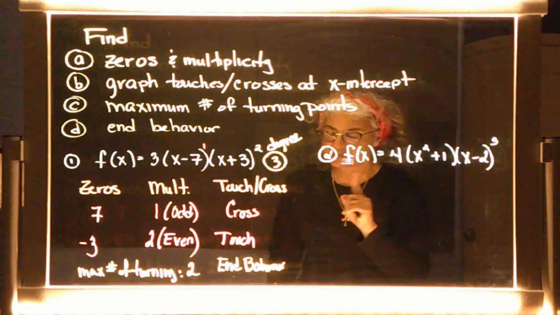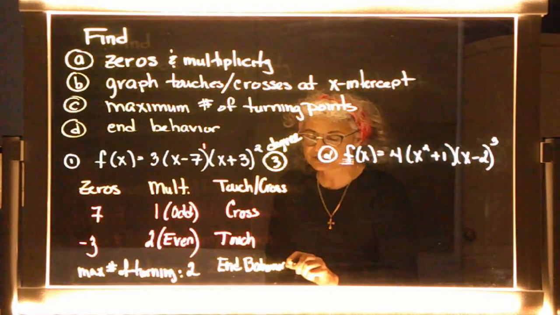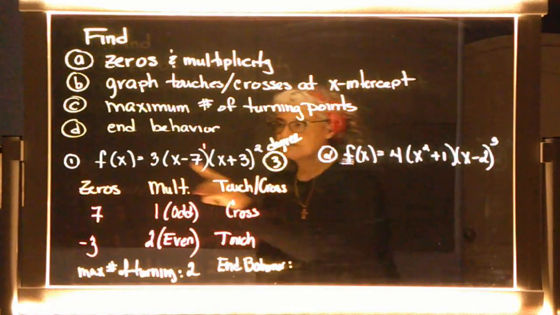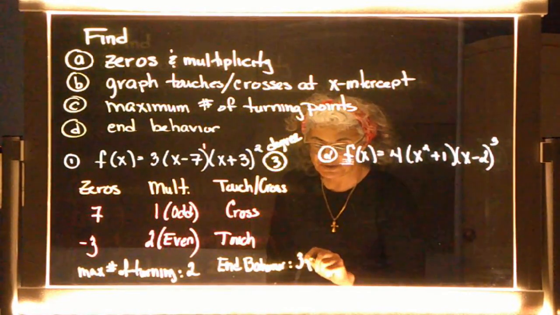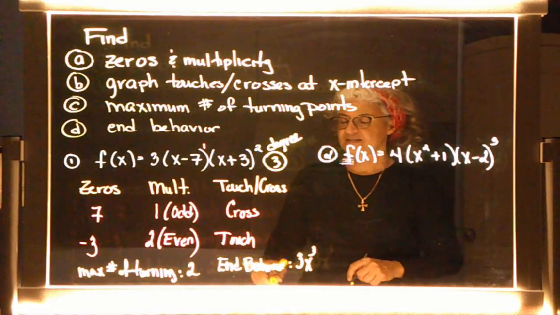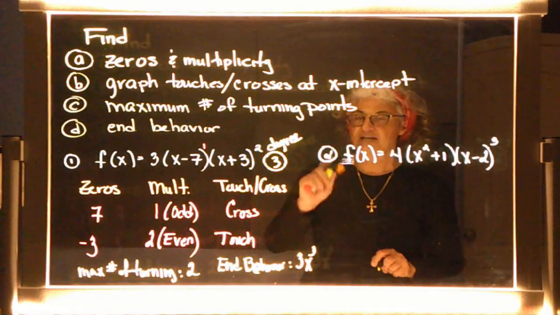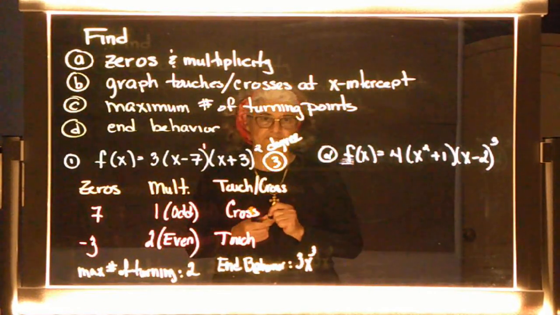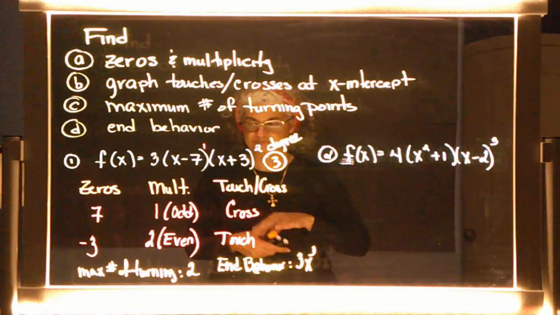Sorry. It has you looking at the lead coefficient, which would be 3, and the power, which we already said was a third power. This has an end behavior of 3x to the third. Good? Okay, so let's look at number 2.